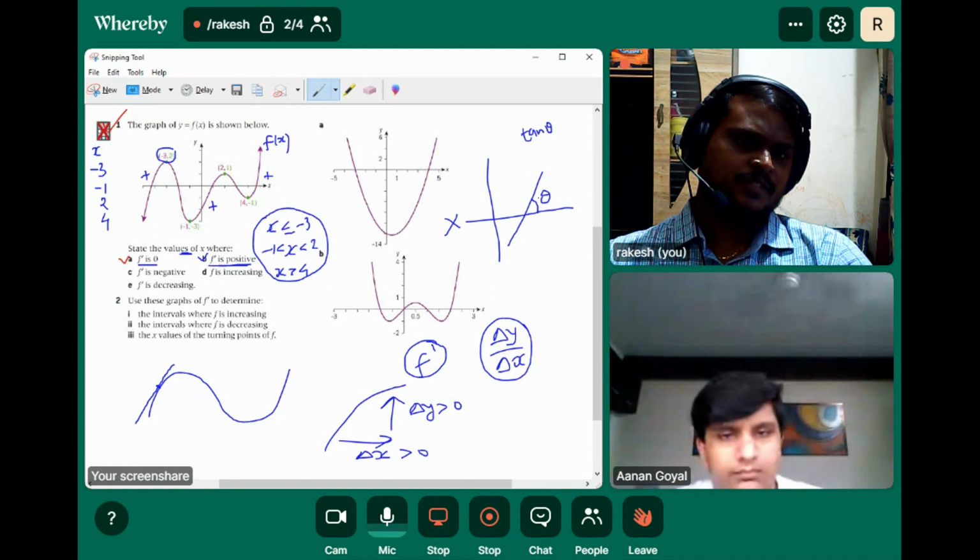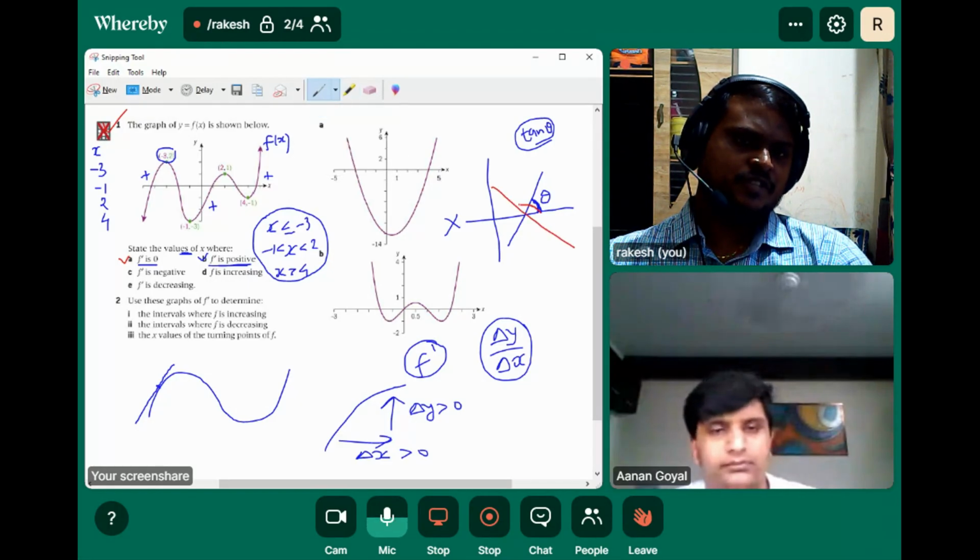So if theta is an acute angle, tan theta is positive. And if theta is an obtuse angle, then that would be a negative gradient. Tan theta will be negative. You can check these things in a calculator.